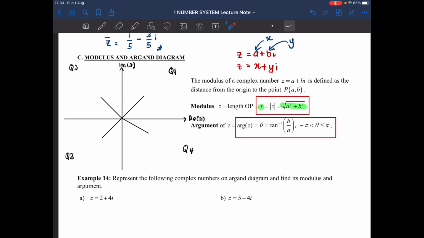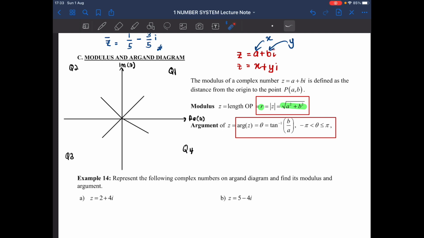This is your x axis, this is your y axis. As you can see here, this is your real part, this is your imaginary part. So this is your A, this is your B. Okay, first you have to identify in which quadrant. So we're gonna look at the question nanti lah.